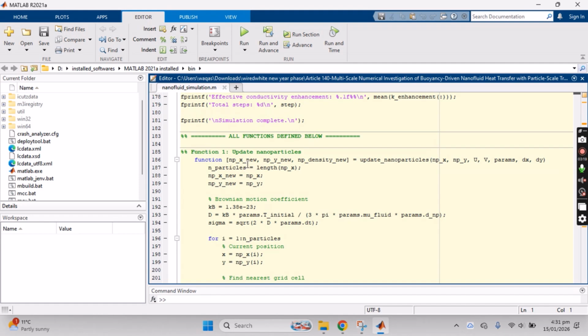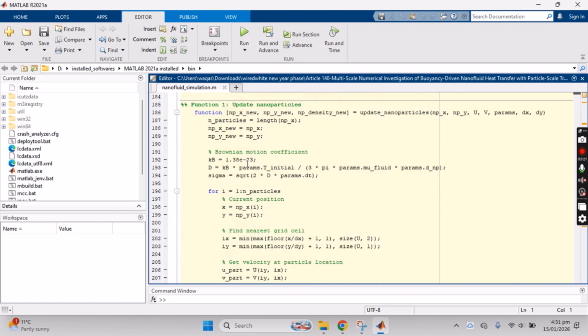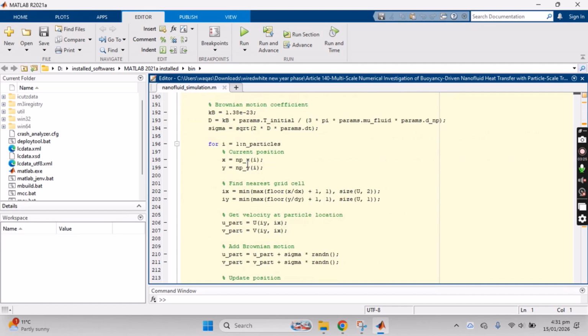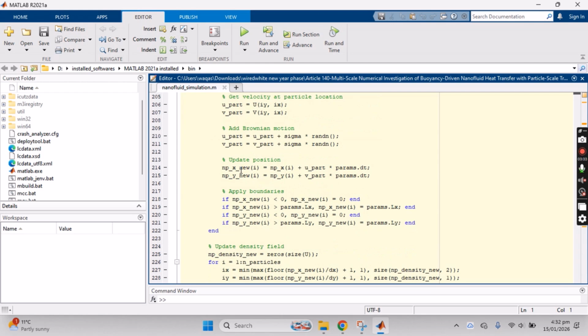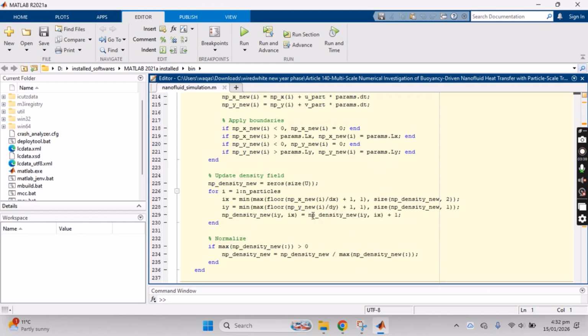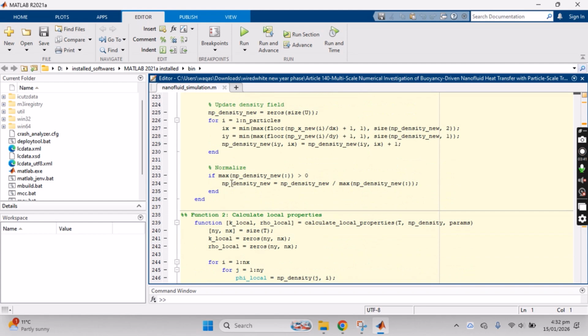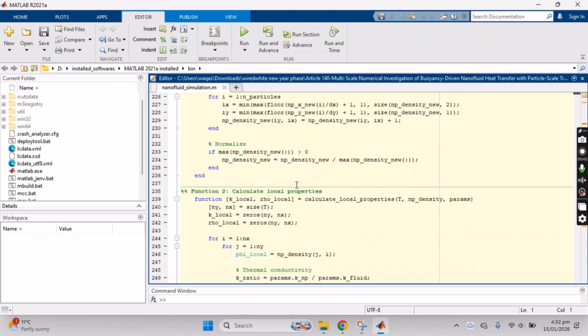Function definitions. These are the functions I have defined for nanoparticles: Brownian motion coefficient, current position, nearest grid cell, get velocity at particle location, Brownian motion equations, update position, and apply boundaries. These boundaries are applied, then update density field, then normalization of the density values.